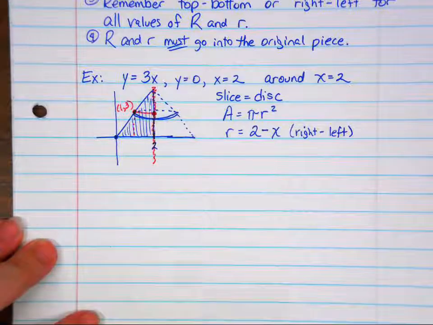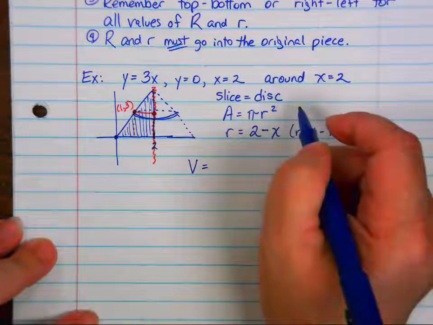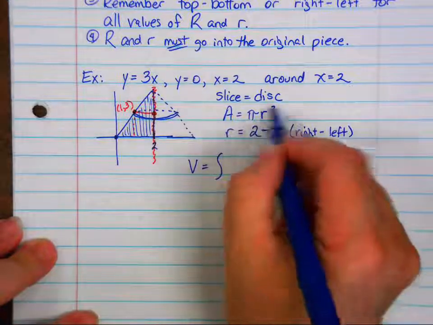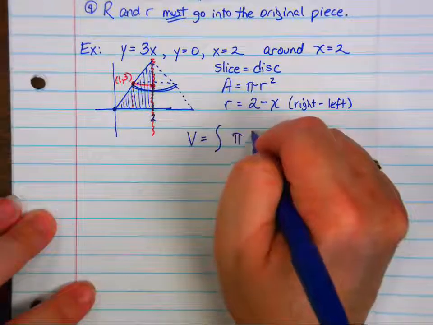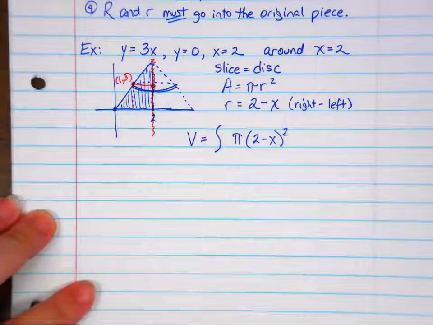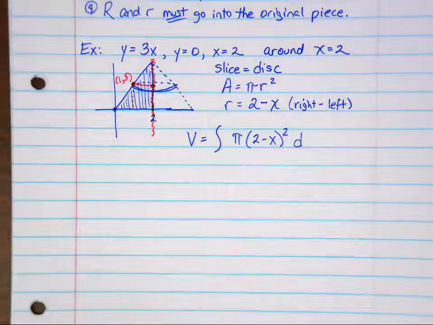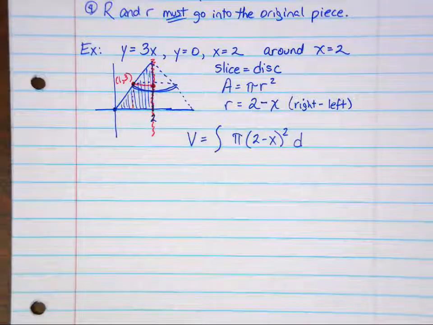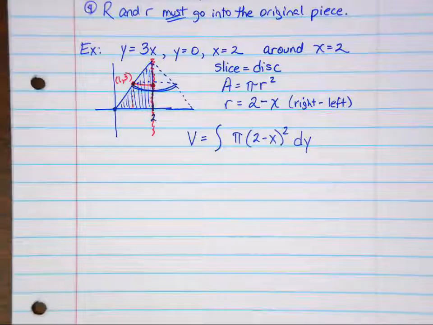Okay? Now to find the volume. The volume is going to be the integral of the area equation, just like before. Pi times r, which is (2 minus x) squared, d what? dy. Okay, why is it dy?